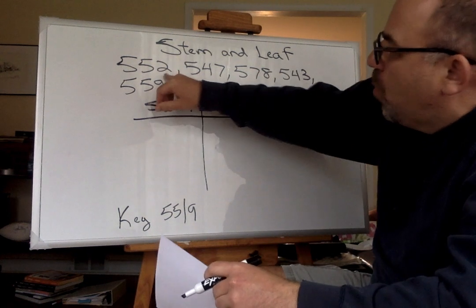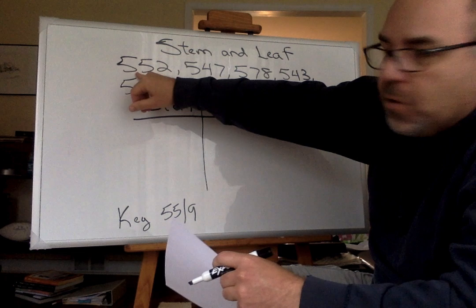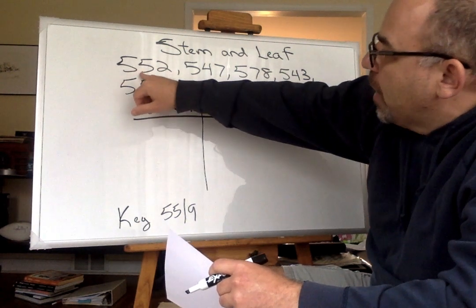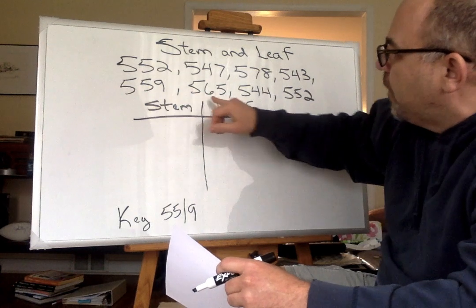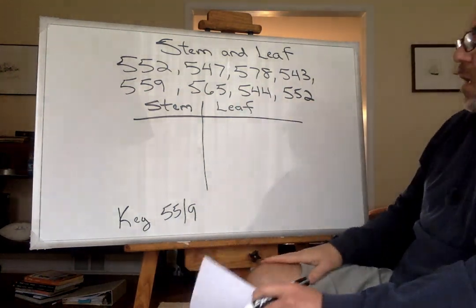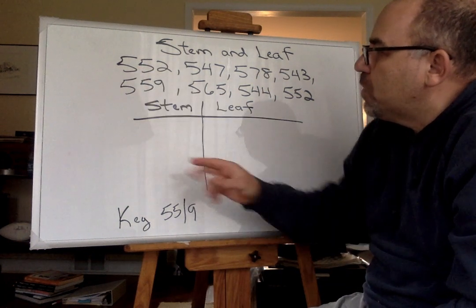Now, ignoring the ones digit in each of these numbers, I just want to concentrate on the first 2 digits. So I've got 55, 54, 57, 54, 55, 56, 54, 55. Remember, I'm only writing each one of those first 2 digits once.